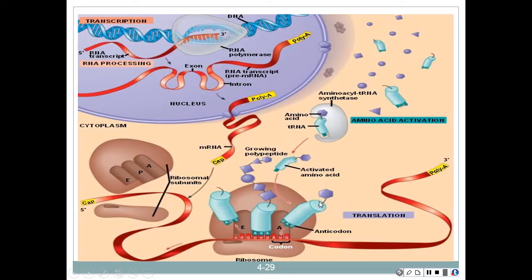So here's our little codons. Here's the L shape. And the third component for this process is our ribosome.